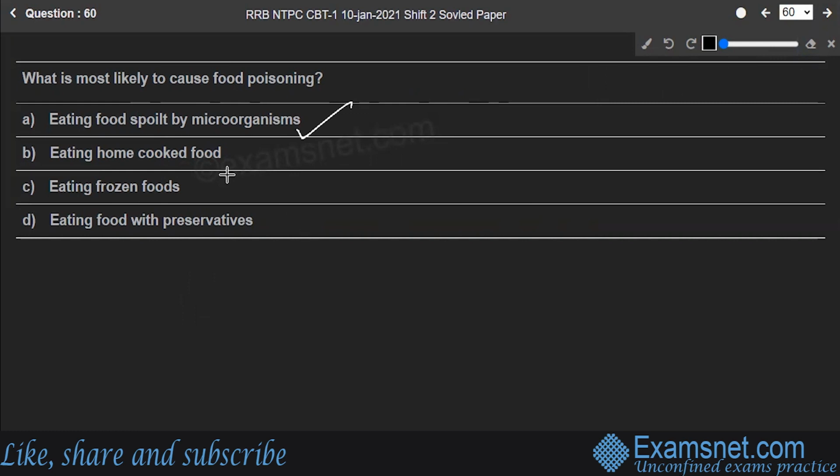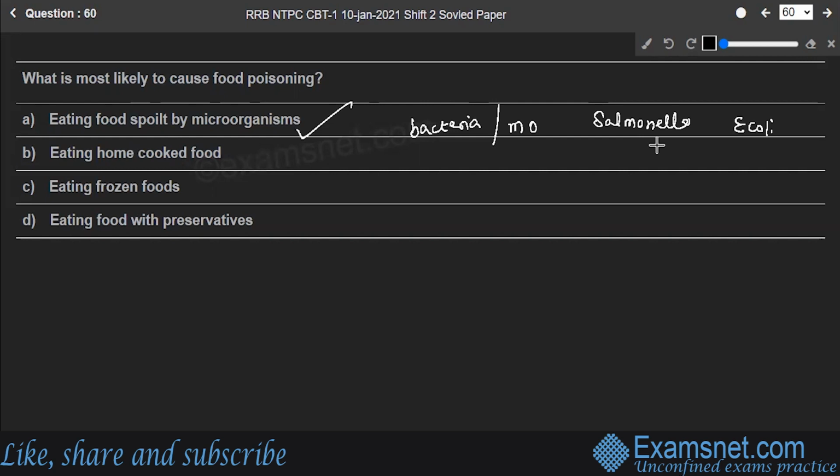Food poisoning is mostly caused by consumption of food which is contaminated by bacteria or microorganisms like Salmonella or E. coli, etc. Although rarely, parasites like Toxoplasma and viruses like Norwalk virus can also cause food poisoning.